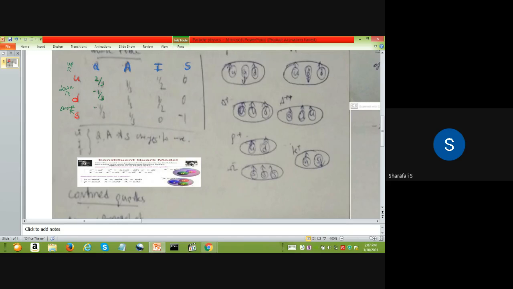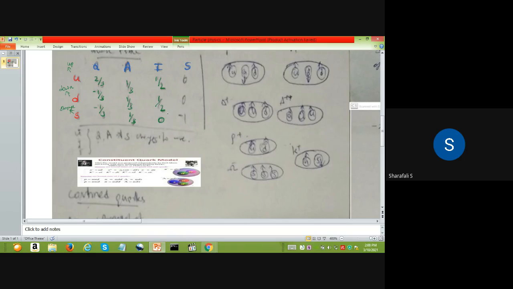Similarly, the baryon number for the up quark is 1/3, for the down quark it is also 1/3, and for the strange it is also 1/3. Isospin is 1/2 for the up quark, 1/2 for the down quark, and 0 for strange.